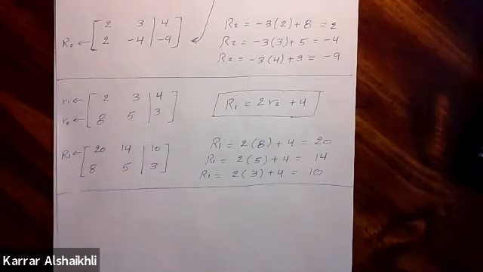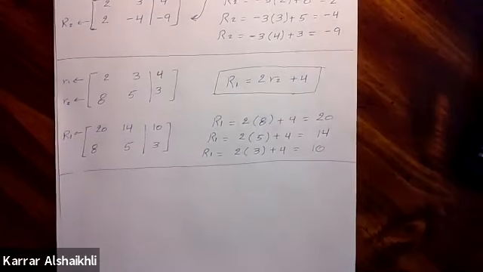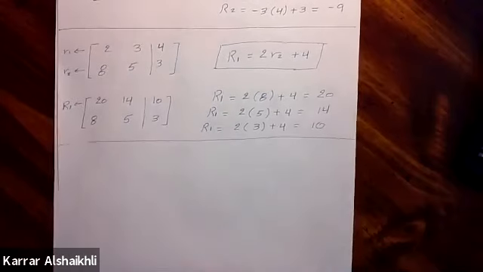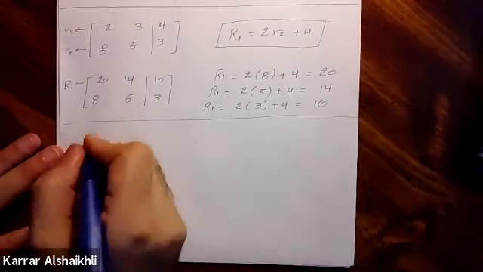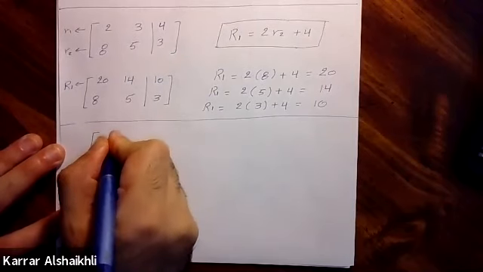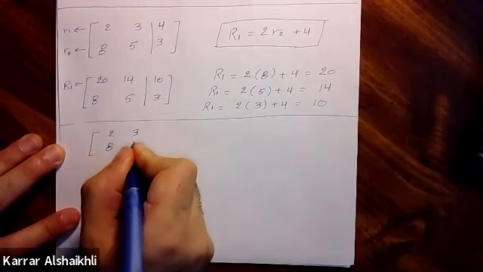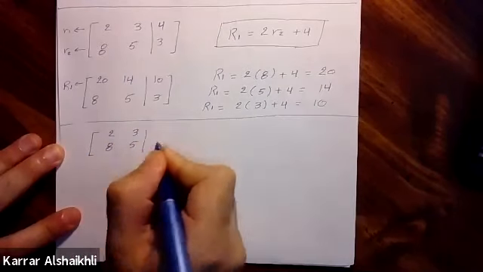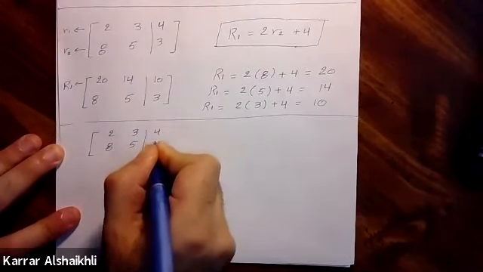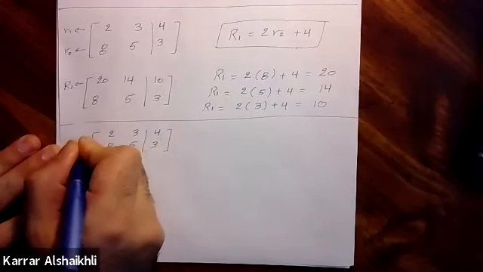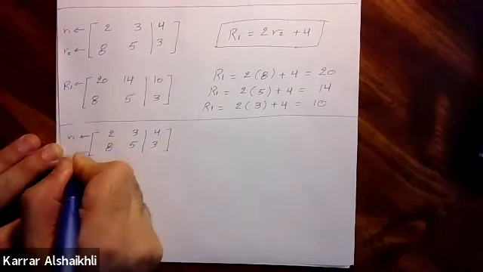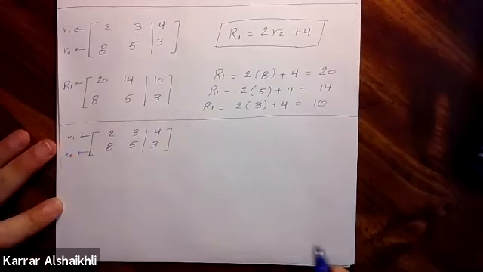The last example on this part we're going to do, I'm going to use exactly the same matrix. 2, 3, 8, 5, and 4, 3. This is old R1, this is old R2.